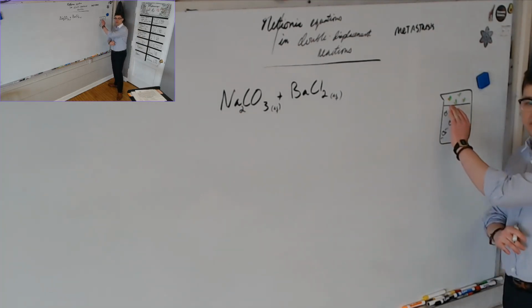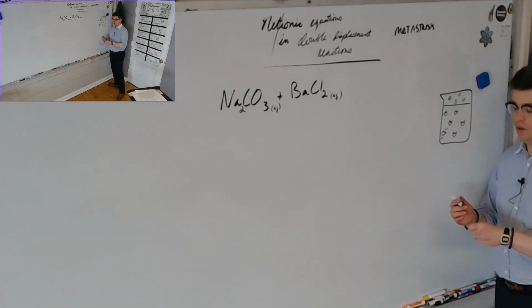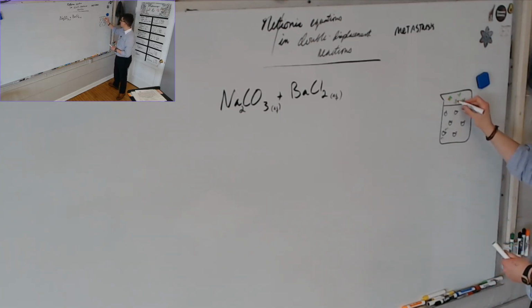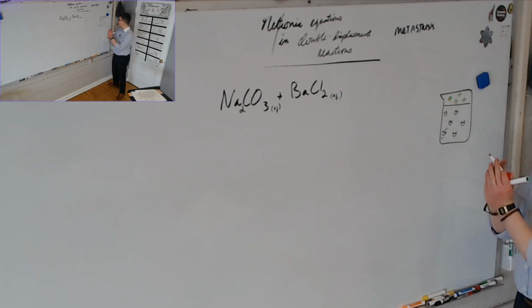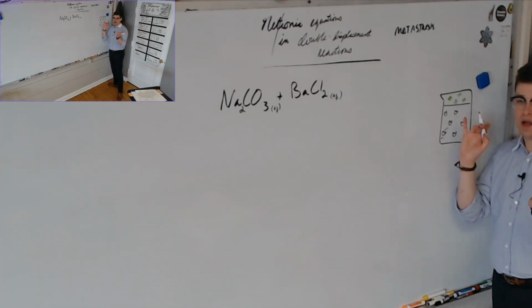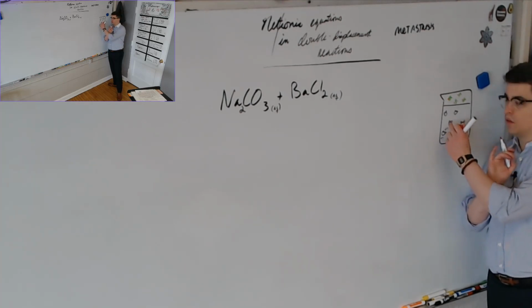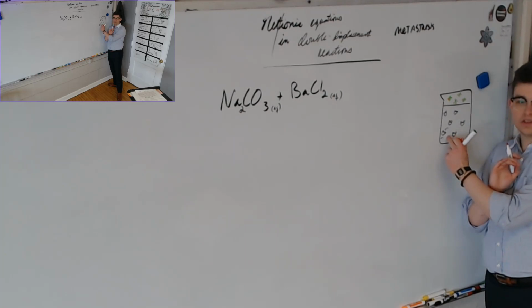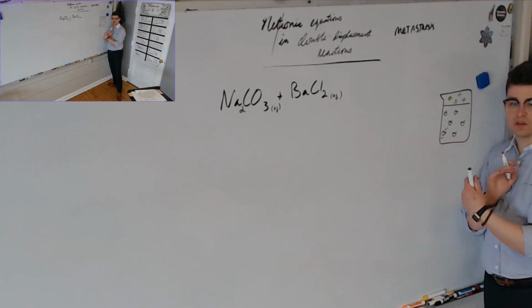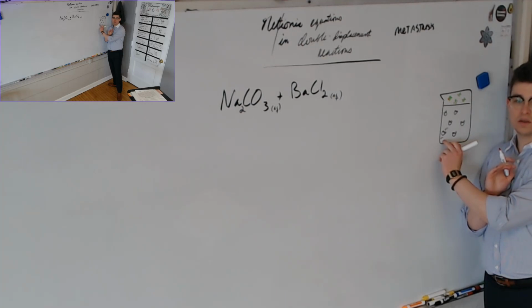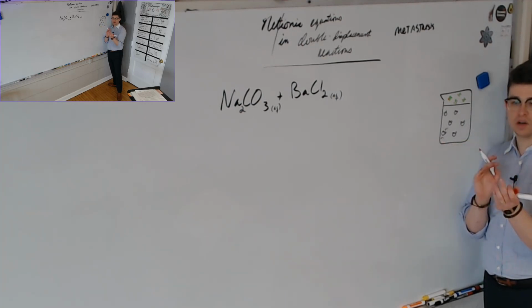The positive sodium ions, and really there are two of them, are torn away from the negative carbonate ion by the water. The positive end of the water, the hydrogen end, attracts the negatively charged carbonate, and the negative end of the water, the oxygen end, attracts the positively charged sodiums.